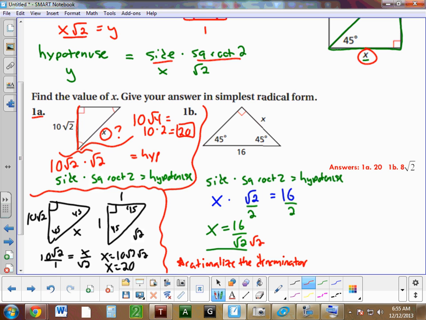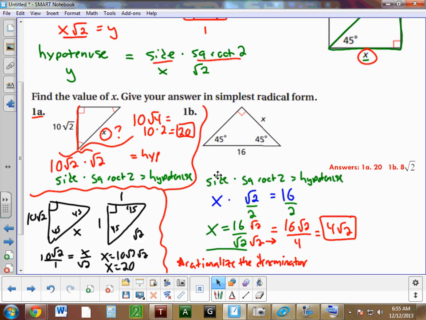I'll multiply by root 2, and I get 16 root 2 over the square root of 2 times the square root of 2, which is the square root of 4. So that's the answer that you're going to be looking for. That's the answer that you would see in a multiple choice question on a test or something like that. So I just wanted to make sure that you knew how to do it that way.